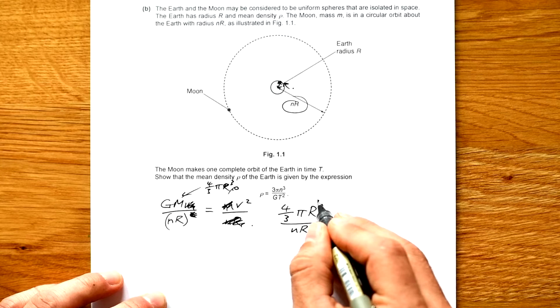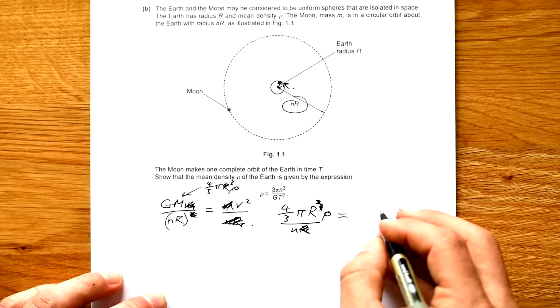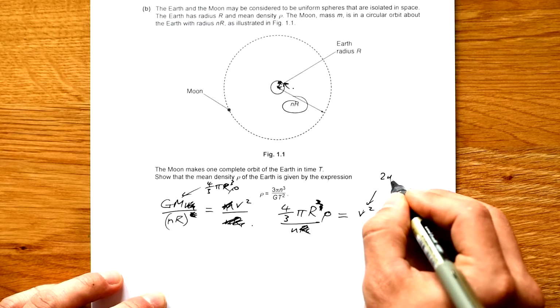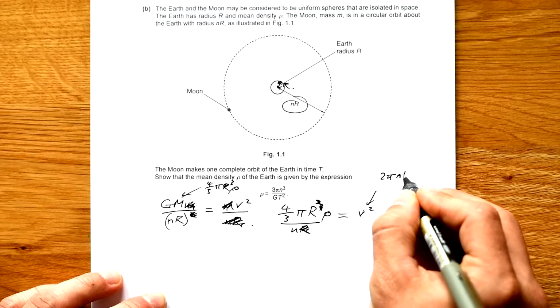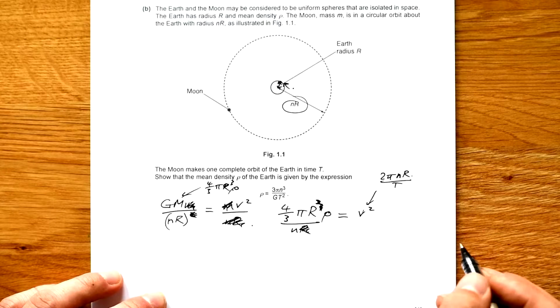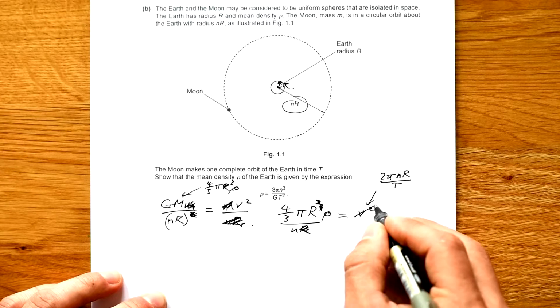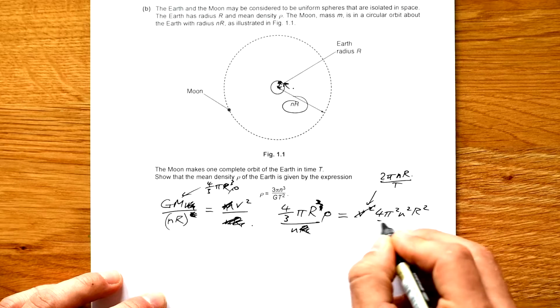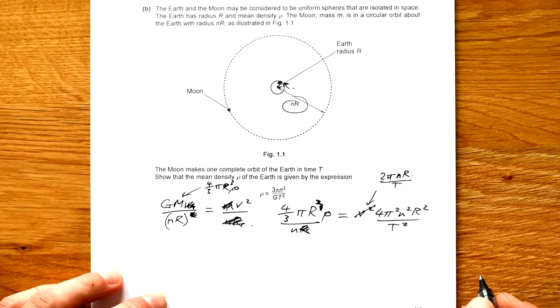Let's get rid of one of these r's already. And that's equal to v squared. Now v is given by 2 pi, well, it's the radius, so again it's going to be nr divided by the time. All of that is squared, so it's going to be 4 pi squared n squared r squared over t squared.